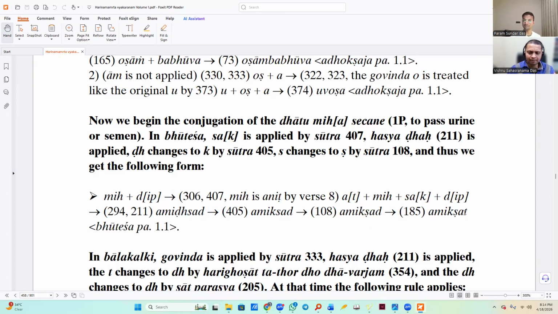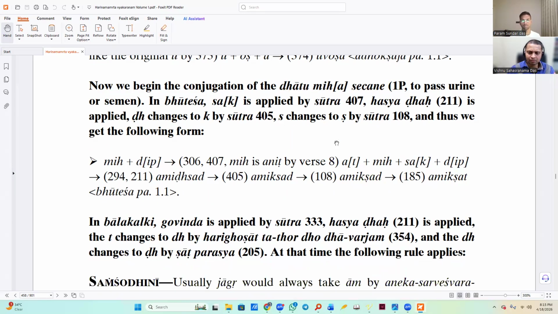Dha becomes Ka when Sa is following. So we get Amikshat.